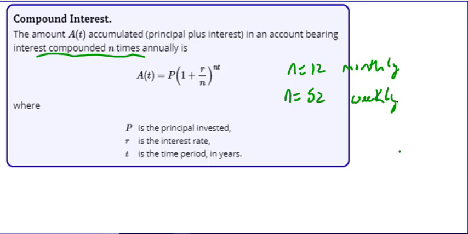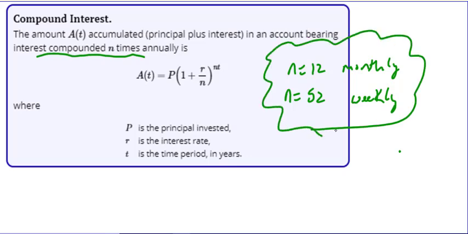The n would be whatever the scenario says. If it said quarterly, or whatever it says, that n is going to represent a number and it's going to go in there. We'll come back and visit that, but I just want to bring your attention to it. You should have been exposed to this compound interest formula along your way, but we'll delve into that more.